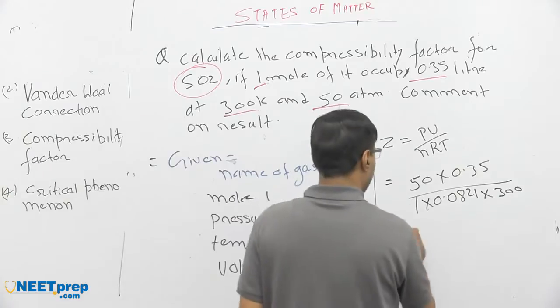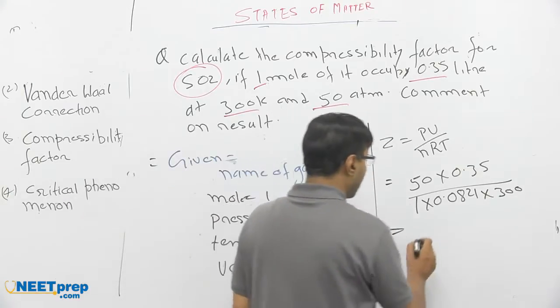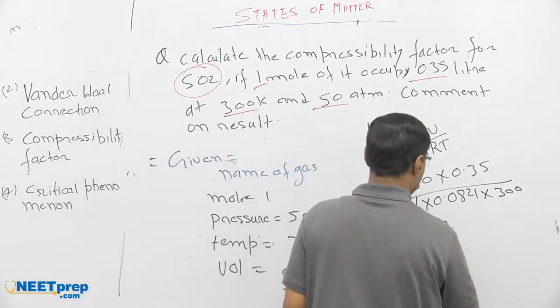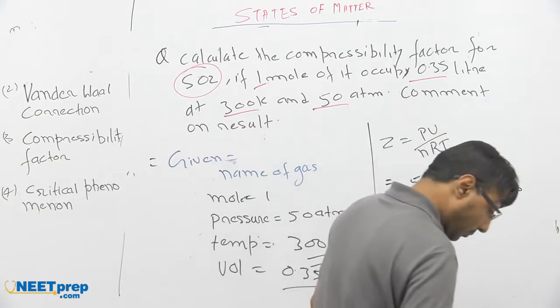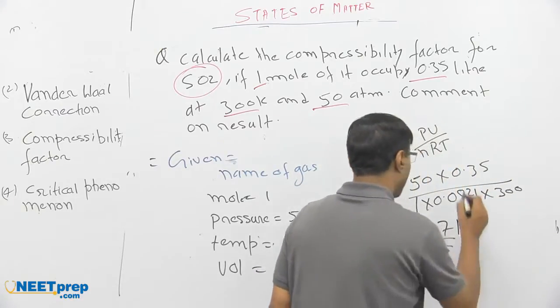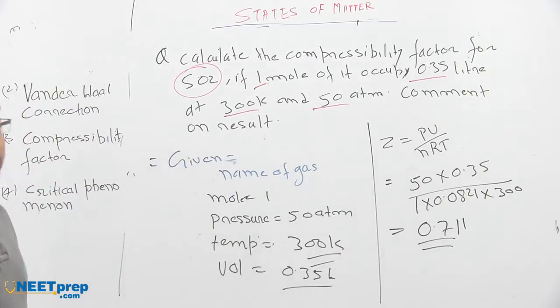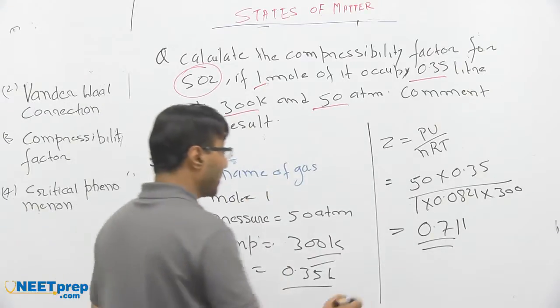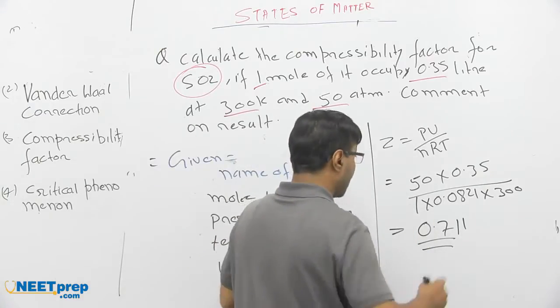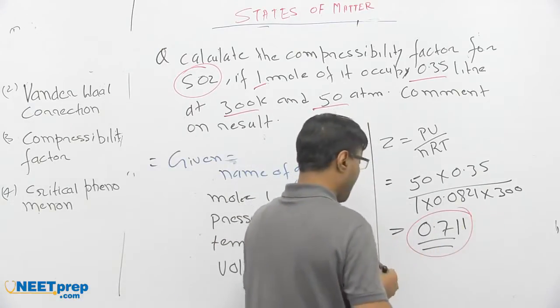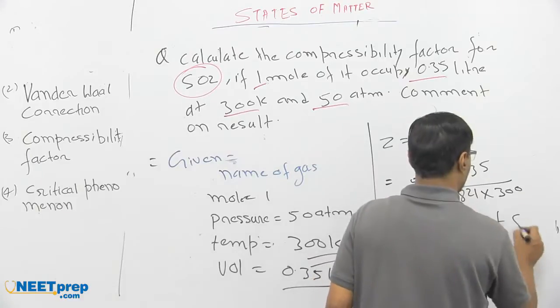When we solve it, we get the answer approximately 0.711. So this is the compressibility factor of SO2.